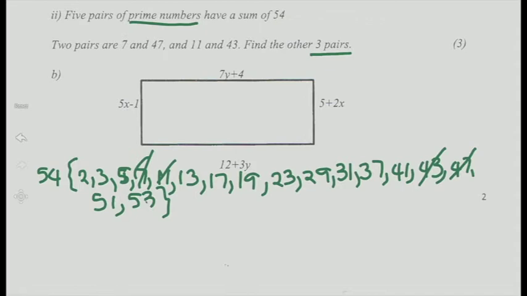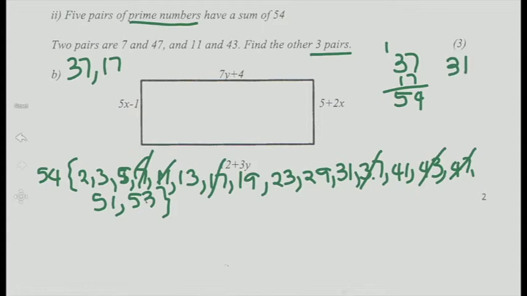So let's look at 37. 37 plus 17 gives us 54. So our first one is 37 and 17.